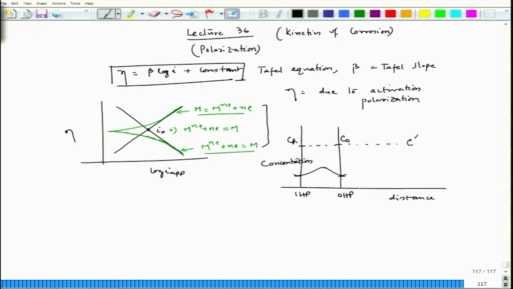So, in this case, this is the situation where we have IC more than IA.